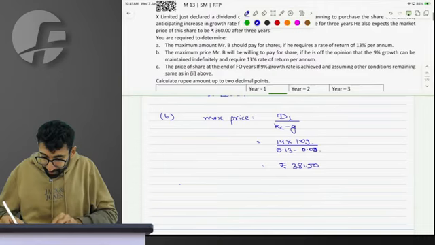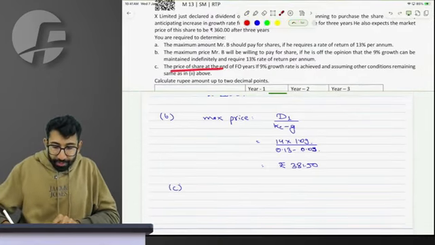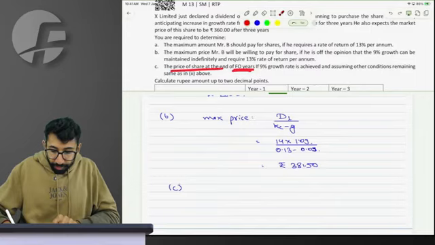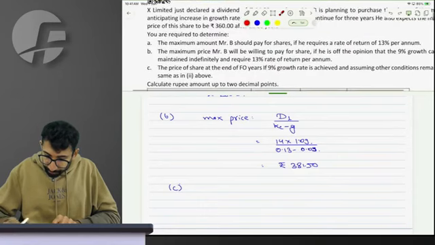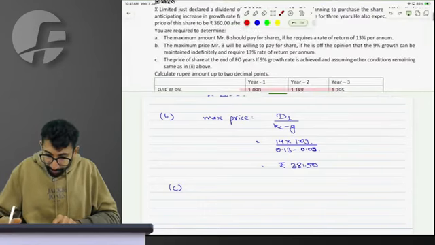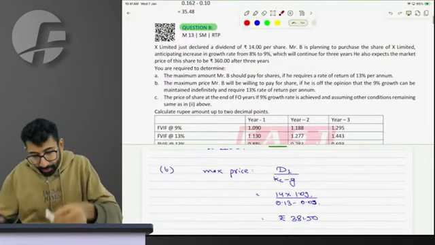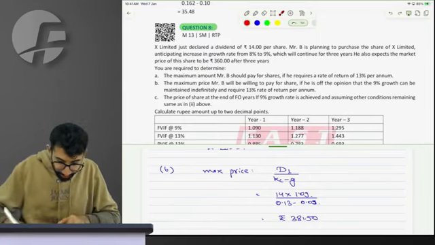C part of this question. What does the question say in the C part? The price of share at the end of year... One second. There's some misprinting. Let me go to the study material and check what exactly is there, the exact wording.